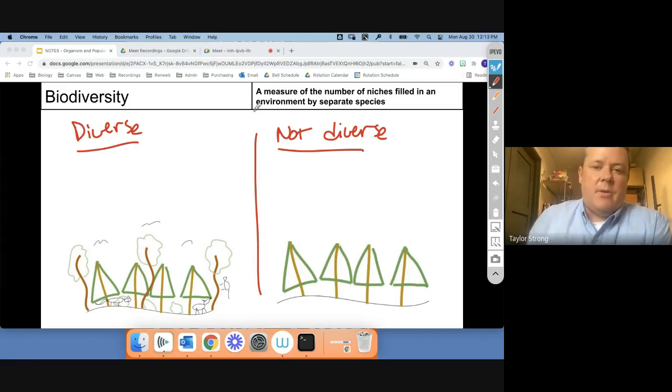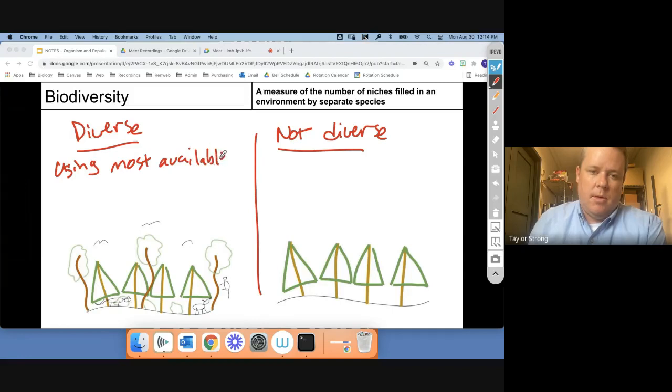The reason why that matters is when you have lots of niches filled, then this environment is using most of the available energy. Because we would also say that all of the niches are filled.